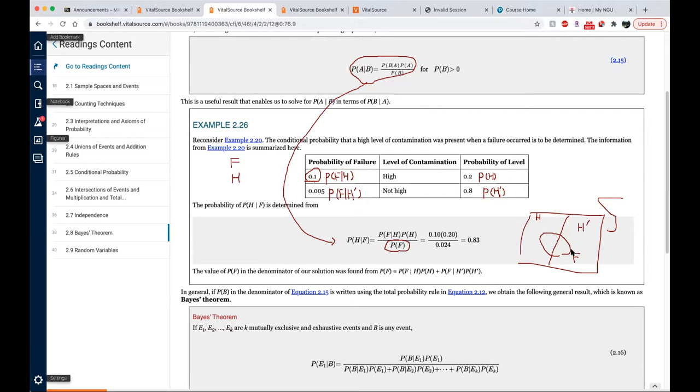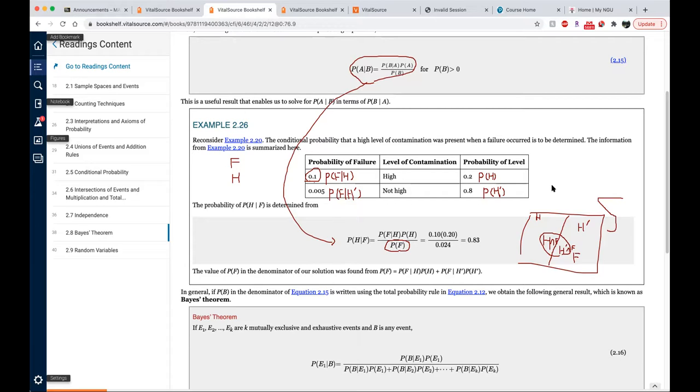So the probability of F can be expressed as the probability of H intersection F plus the probability of H prime intersection F. Each of those intersection probabilities can be expressed in terms of conditional probability.